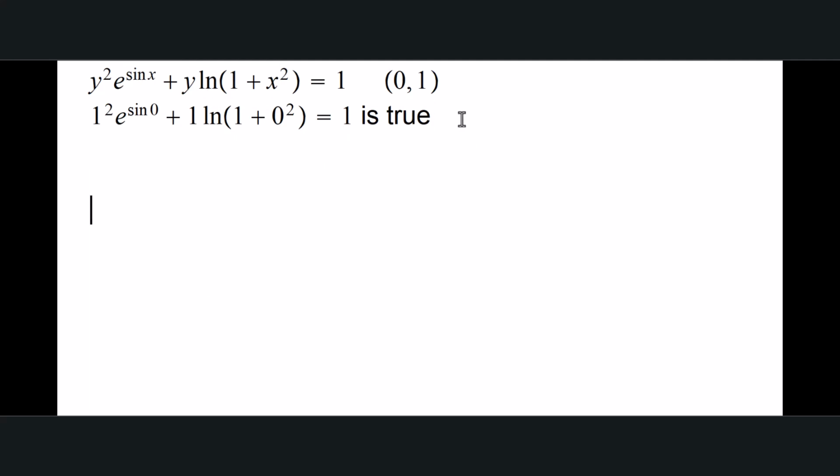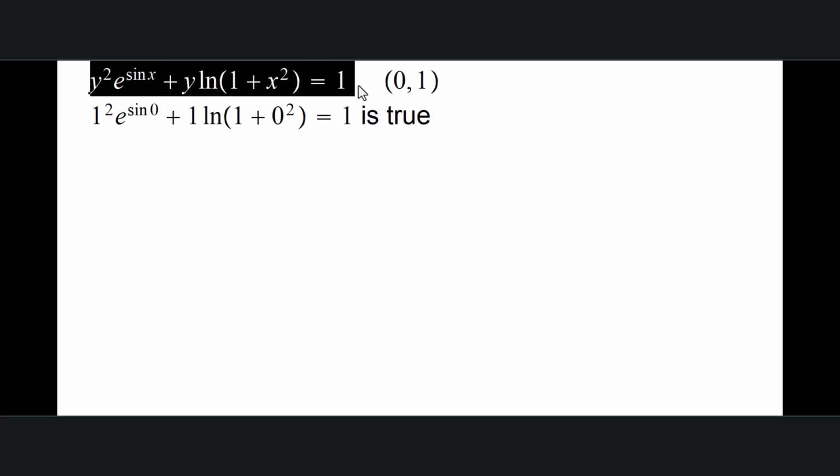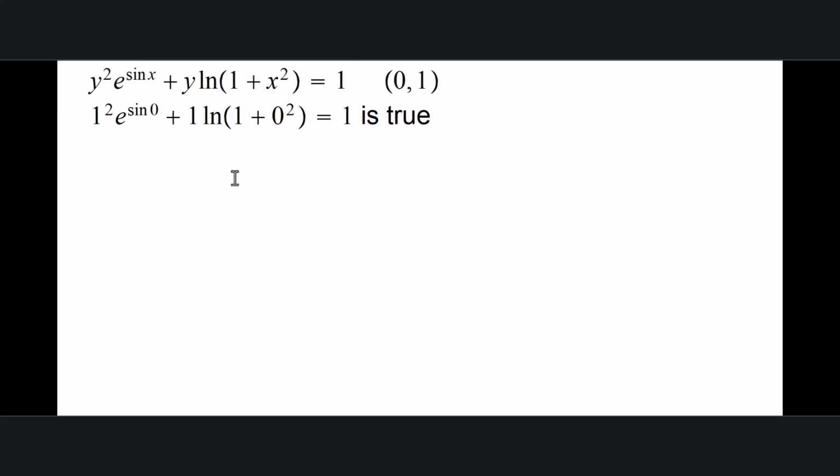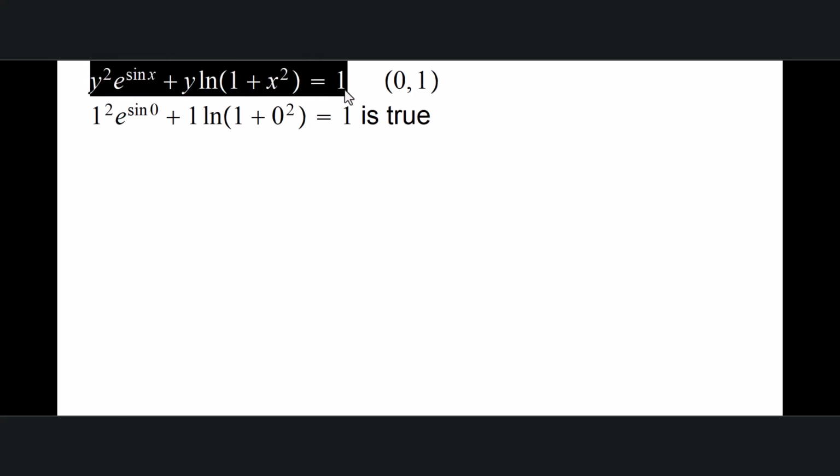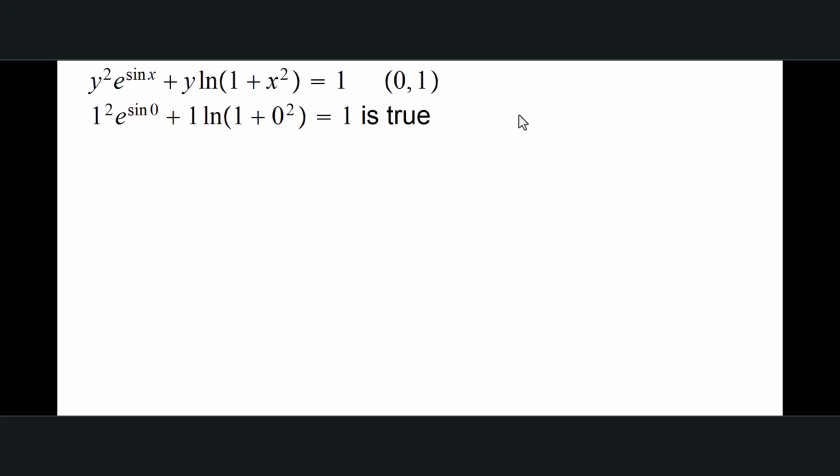So now we did enough algebra with some calculus background. Let's go ahead and find the equation of the tangent line to the graph of this equation at the point (0, 1). We know that y can implicitly be written as a differentiable function of x, so I can go ahead and differentiate both sides with respect to x.